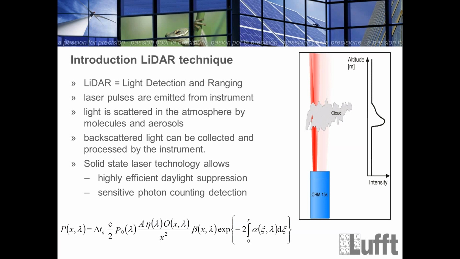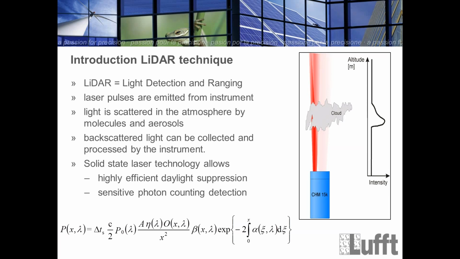And another topic is you see that you send out only a microjoule laser pulse, and you have these partly very inefficient scattering processes in the atmosphere and get only a few, less than a percent.